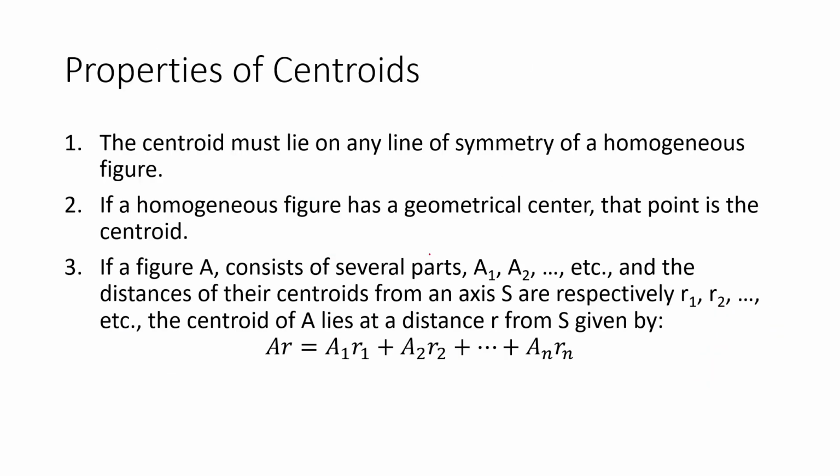Okay, so some properties of centroids. Notice number 3, that the total area and its location is the sum of the individual components or its smaller pieces, diba?